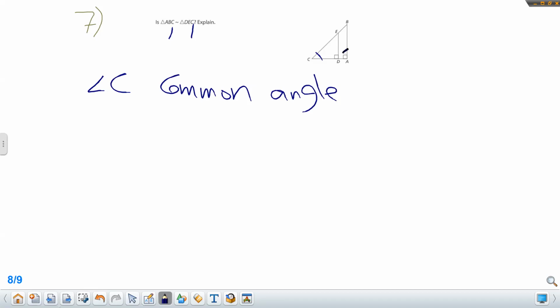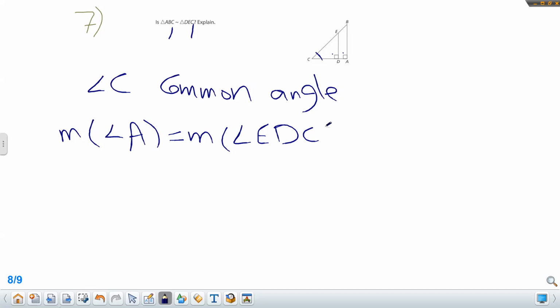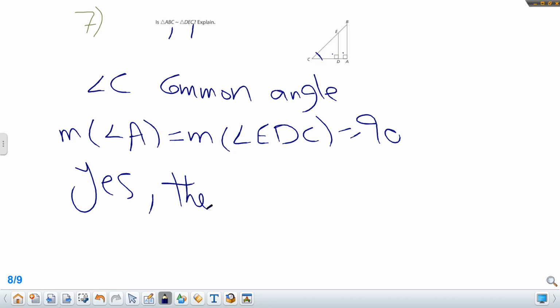Angle A of measure 90 and angle D of measure 90. So we can say measure angle A equals measure angle EDC equals 90 degrees. Then we can say now the two triangles are similar, then the answer, yes, they are similar.